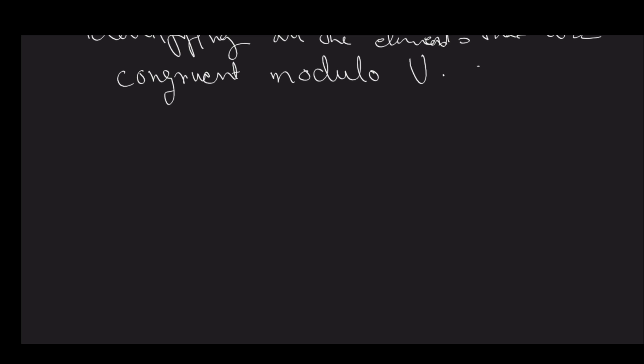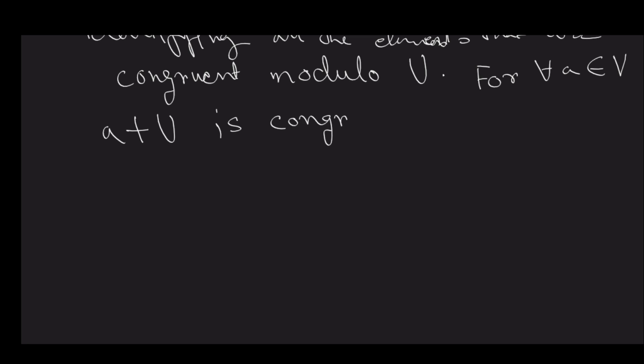So for all A belonging to V, we can take A plus U, which is congruent modulo U, and let us consider a space formed by the collection of all such A plus U, right?